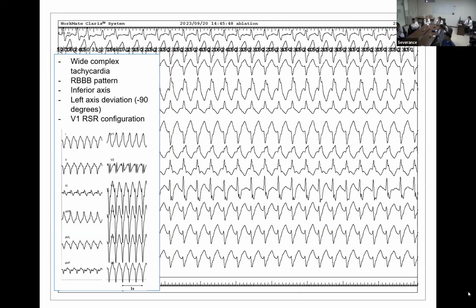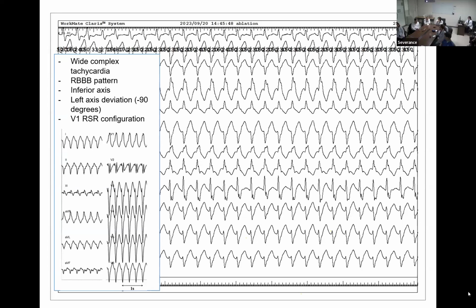The question is, how about inducibility by atrial pacing? Well, we tried to induce from the right atrial side, but the inducibility was not successful. On the right ventricular side, the inducibility was good, so we proceeded with right ventricular inducibility, and later with left ventricular inducibility.